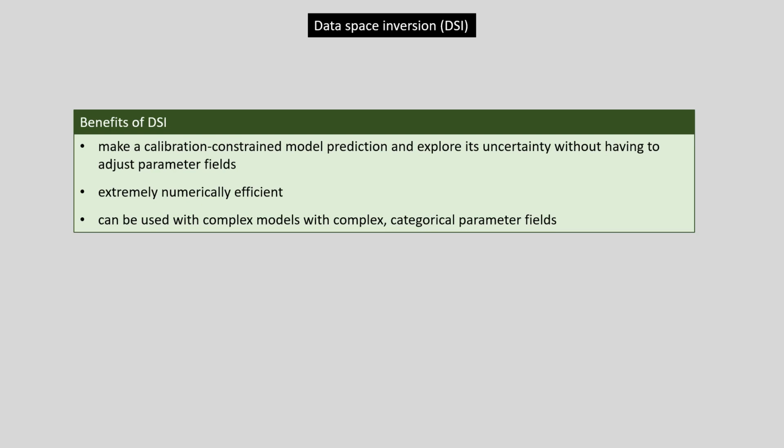And we can do this without actually having to calibrate or history match the complex model. Now I'm going to show you a few details about how this works, but see other GMDSI videos for full details.